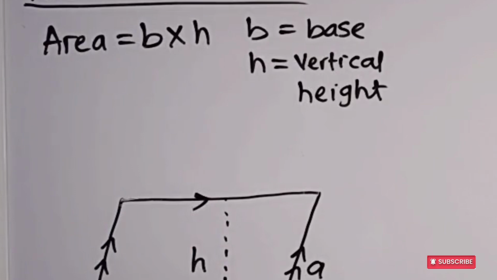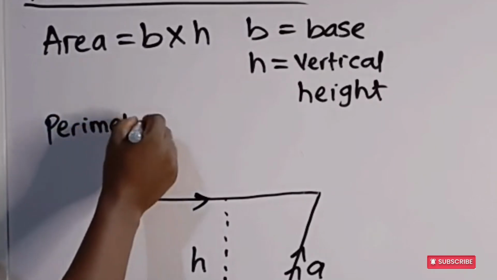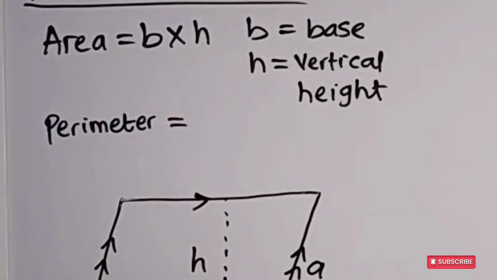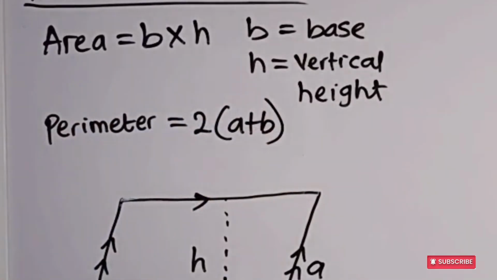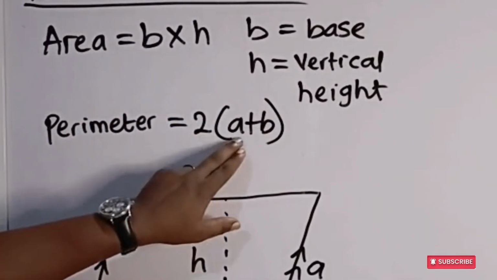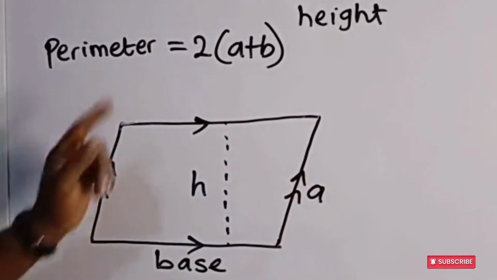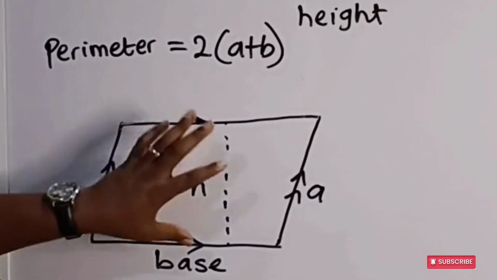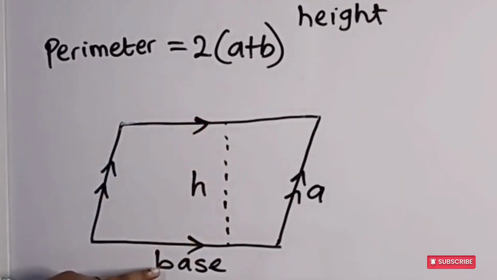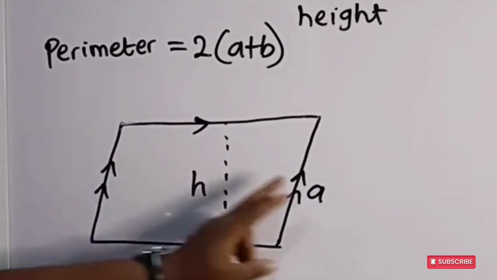On the other hand, the formula for the perimeter is equal to 2A plus B. Remember, perimeter is the sum of all the sides surrounding the 2D shape. So if you want to find the perimeter of this parallelogram, all you need to do is add 2 of the base and 2 of the slant height.